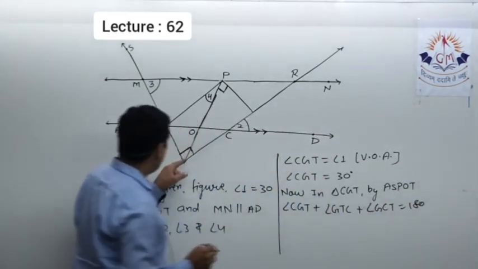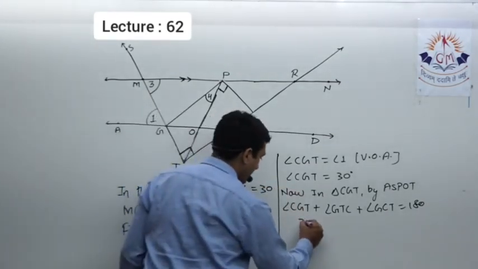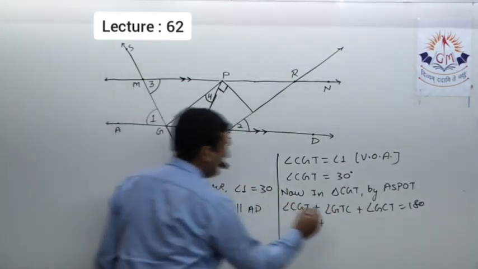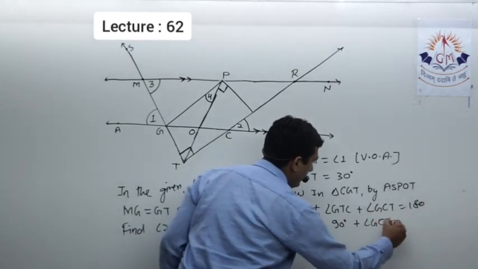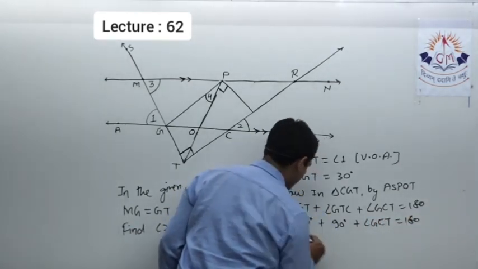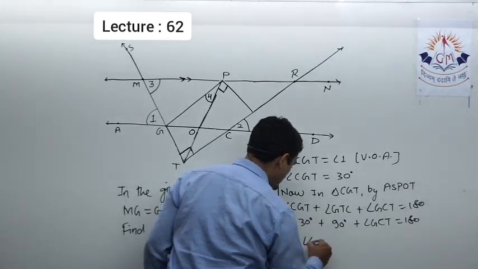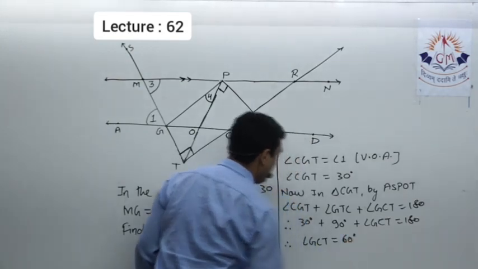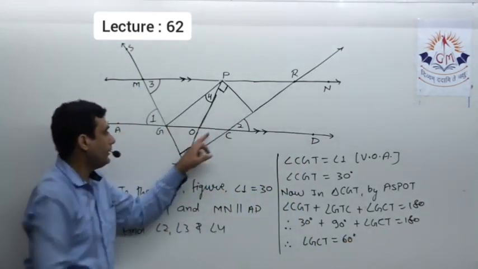Now this angle CGT is 30 degrees, just now we obtained this is 30, and angle GTC is given as 90. So in this way we'll be able to get the measure of the angle. Therefore I can say angle GCT is equal to 60 degrees.